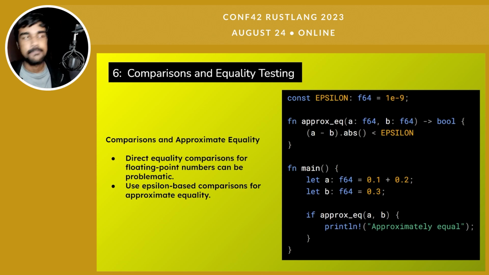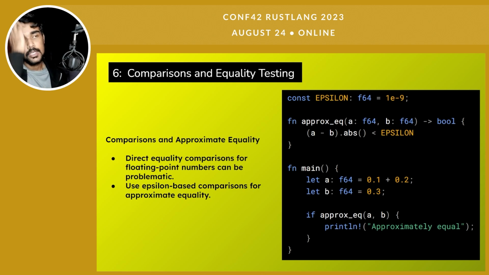Now, what does it mean? Basically, as you can see in the function approx_equal, we have two distinct floating point numbers, and we are first subtracting them and taking the absolute value, because we only care about the magnitude of the result, not the sign, whether it's positive or negative.